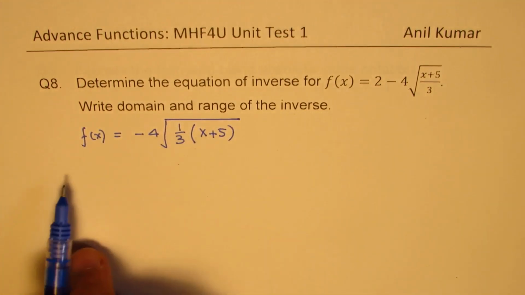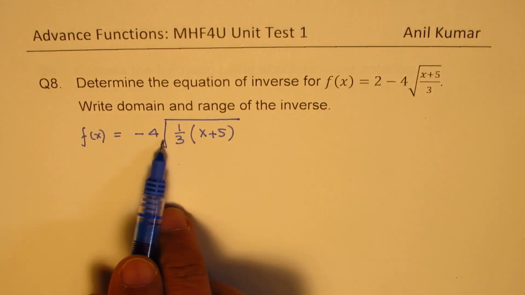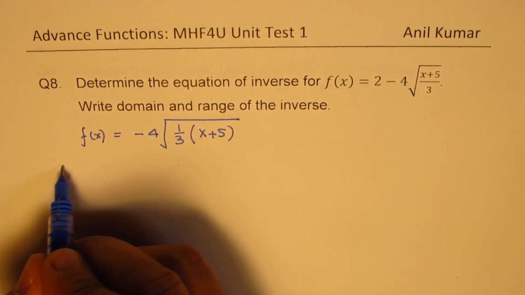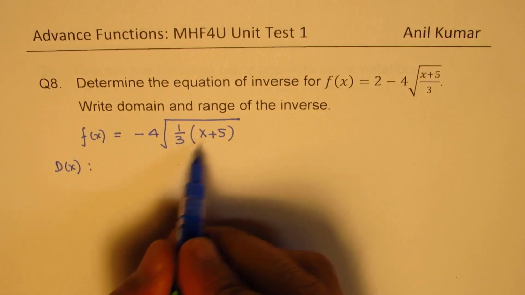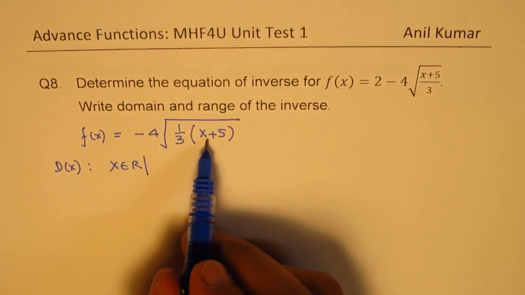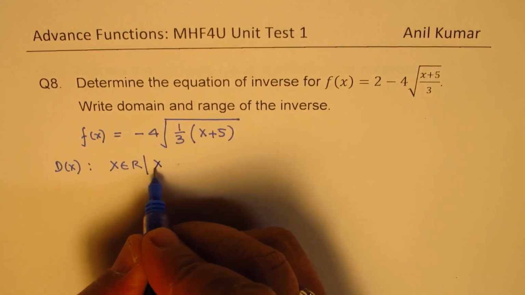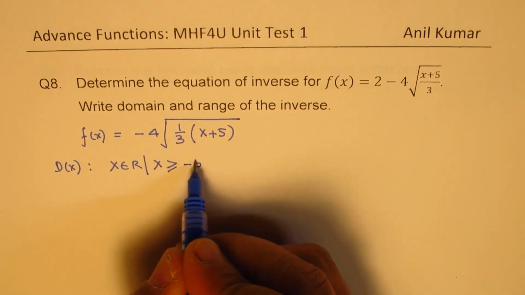As far as the function is concerned, it is a function whose domain and range are restricted, right? So what we have here is that the domain of this particular function is that x value belongs to real numbers. However, x value should be greater than or equal to minus 5. So x is greater than or equal to minus 5.